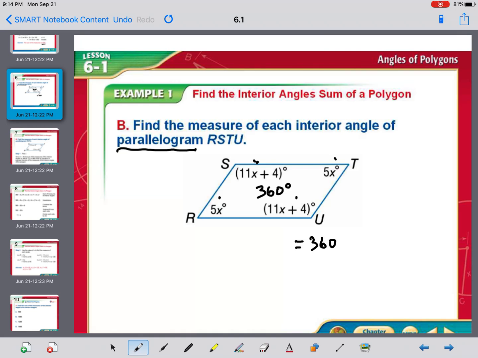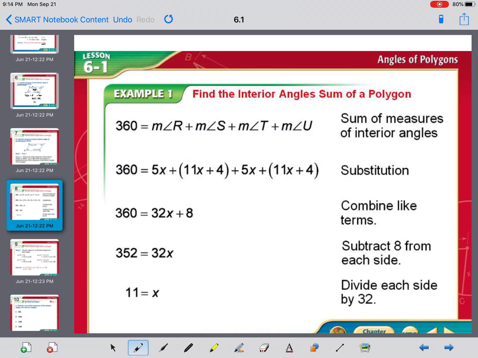Now, if I look at all those x's, I've got 11x and 11x is 22x, and 10x from the two fives, that's 32x. And then the 4 here and the 4 here is 8. So that's 32x equals 352. x is equal to 352 divided by 32, which is 11.